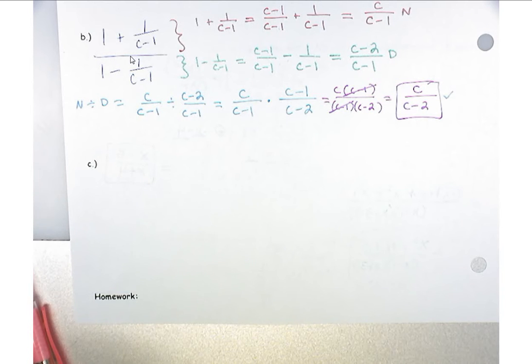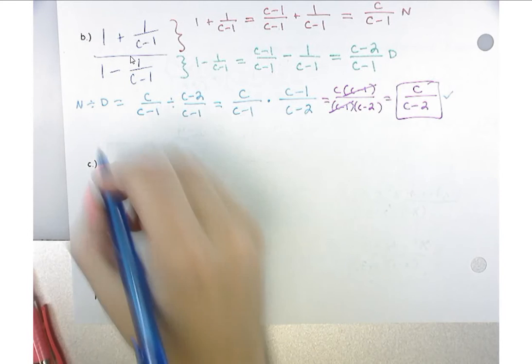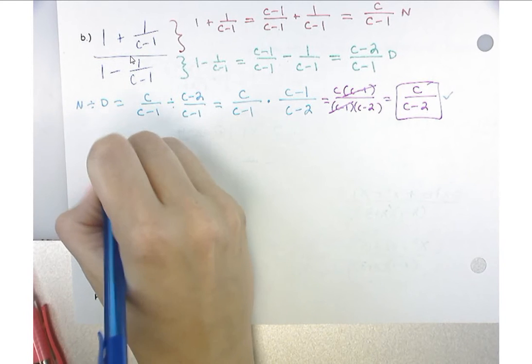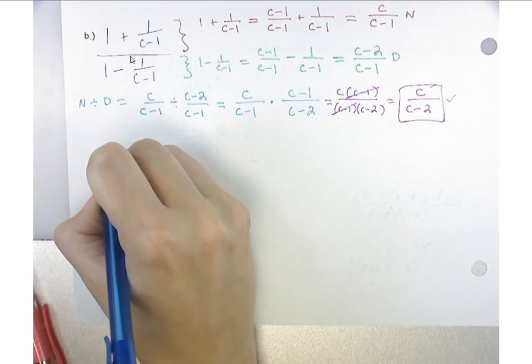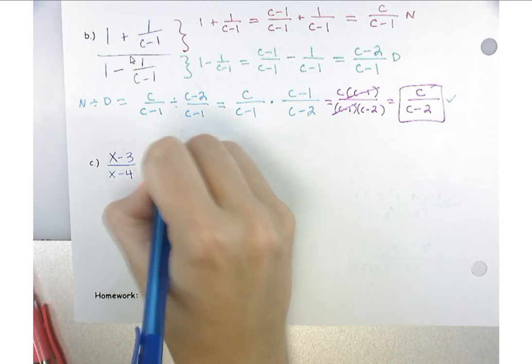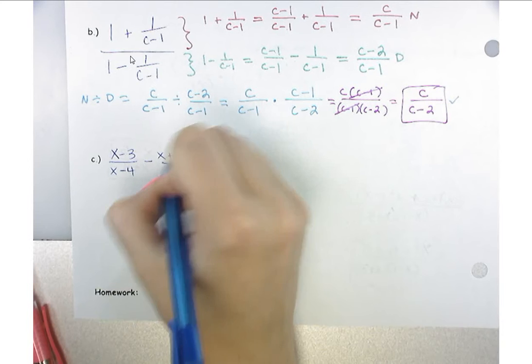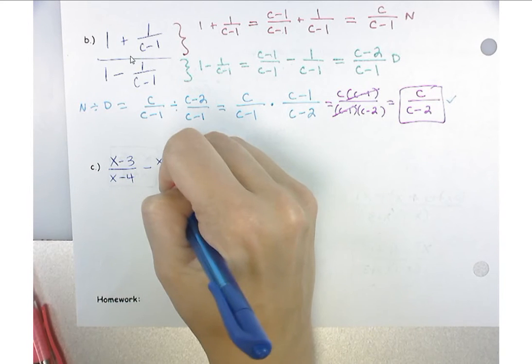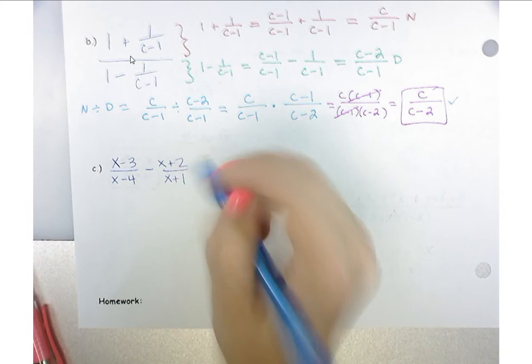Question me on B. You guys want to try C on your own then? Okay, so for C we have x minus 3 over x minus 4 minus x plus 2 over x plus 1.